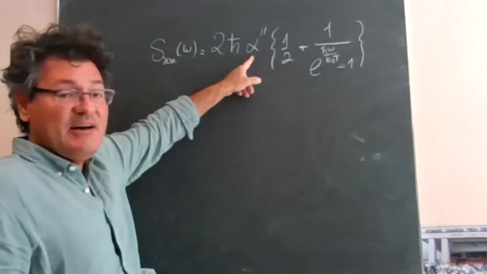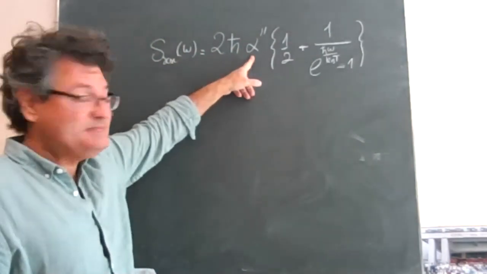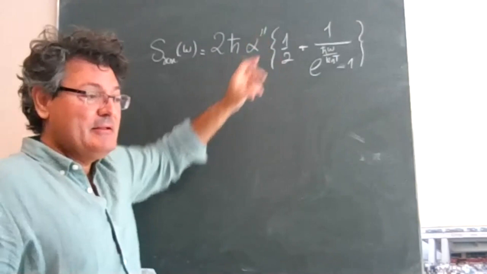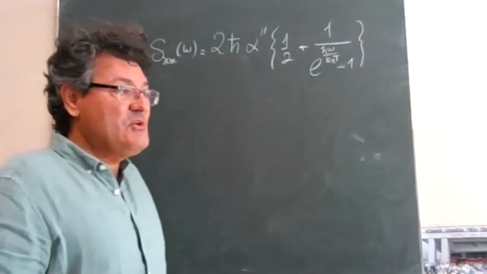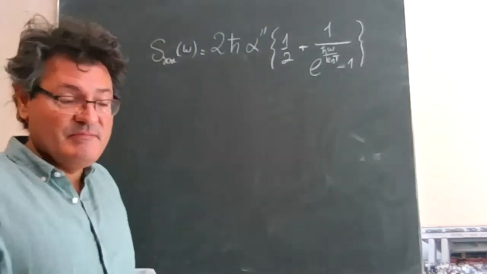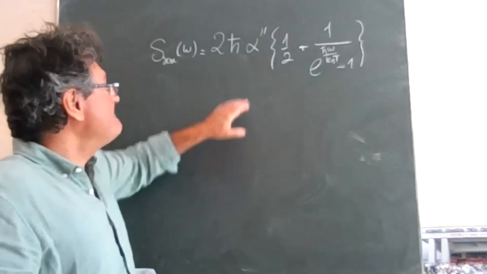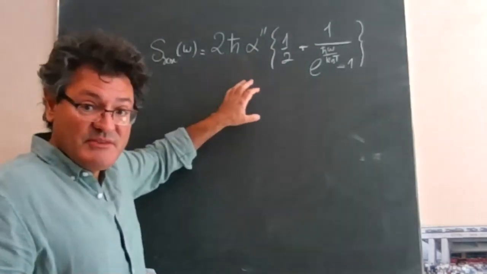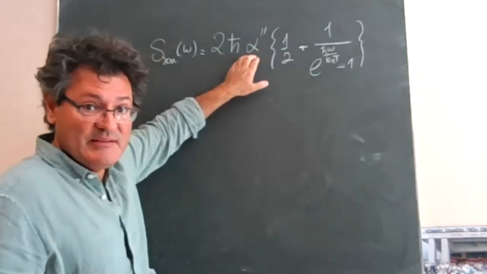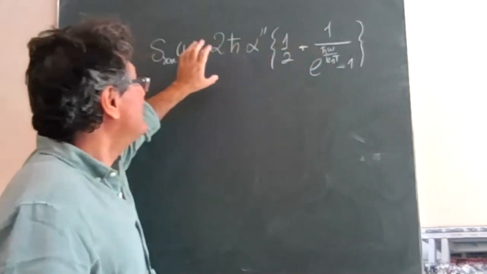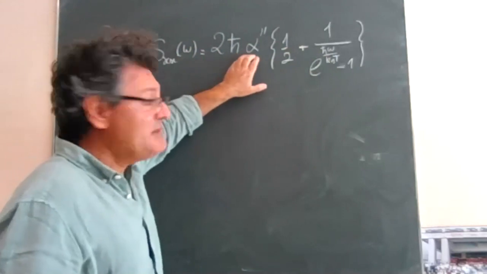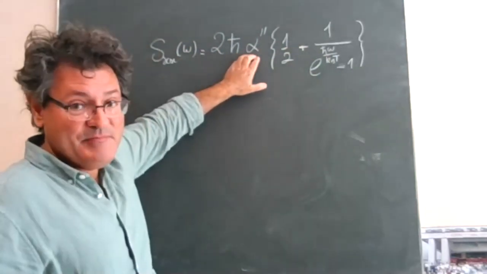Then there is a function alpha, actually alpha second, okay? This is called the susceptibility of the system. The information of the system is in there. All the rest are just fundamental laws of statistical physics, but the information of the system is in alpha.